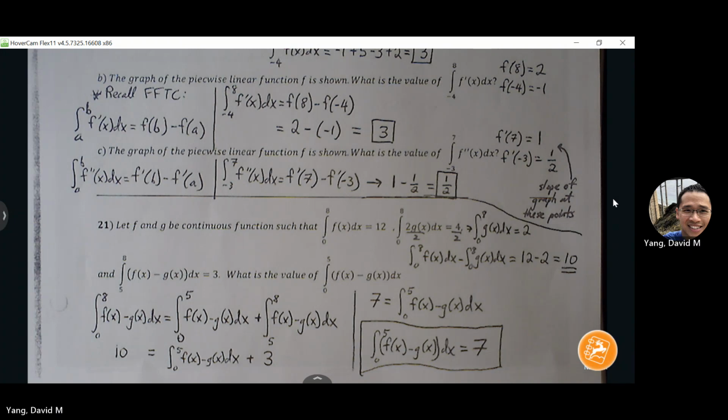Imagine you had some graph. Let's call this graph f of x minus g of x, whatever that result is. And then if I want the integral from 0 to 8, which is the full region, I can break that into two compartments: 0 to 5 and 5 to 8.